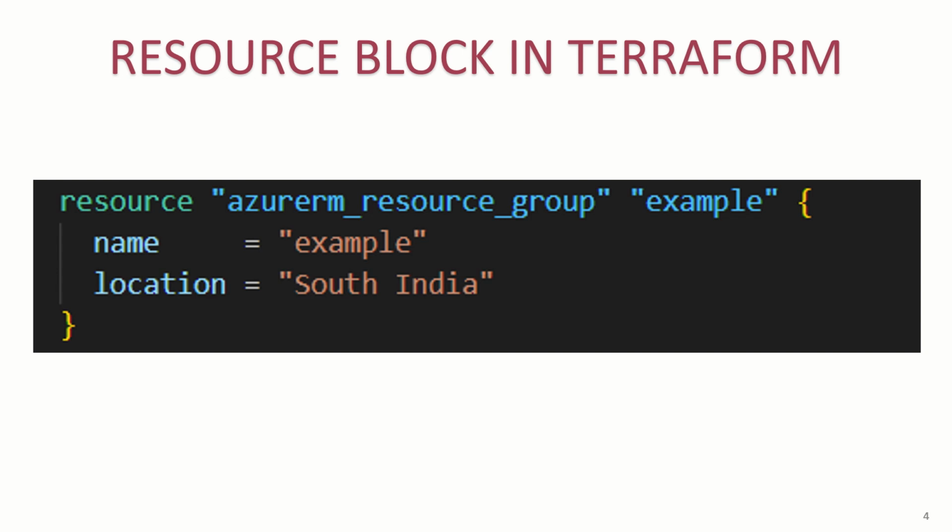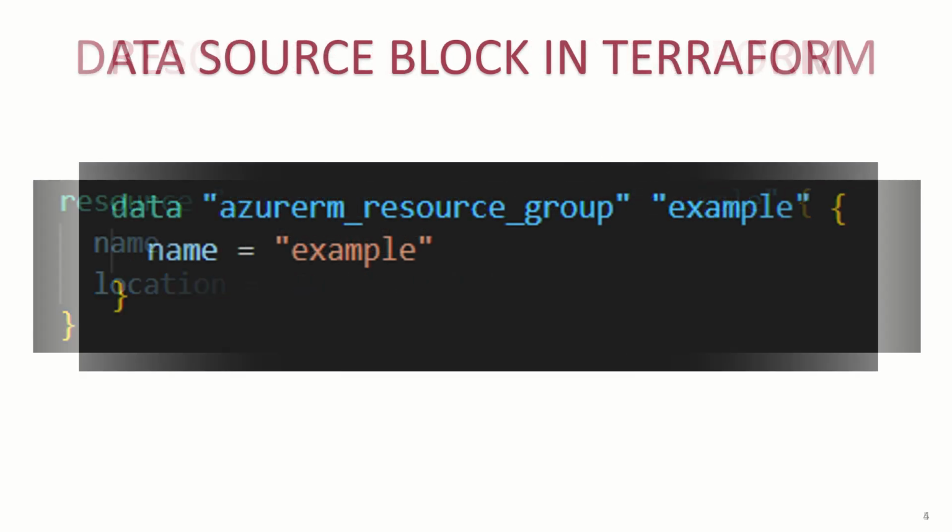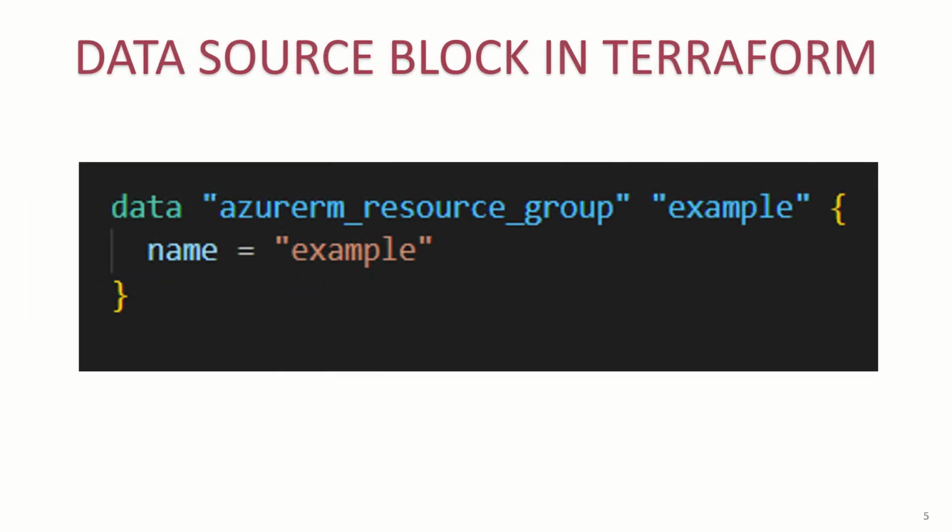But what is a data source block then? In the case of a data source block, we need to use it in a similar manner. We need to use not resource here, rather we need to use data here, and the same resource type, whatever we were using in the case of a resource, we'll use the same. And for the local name, we can use any name of our choice. Example is not the only one. We can use any name of our choice.